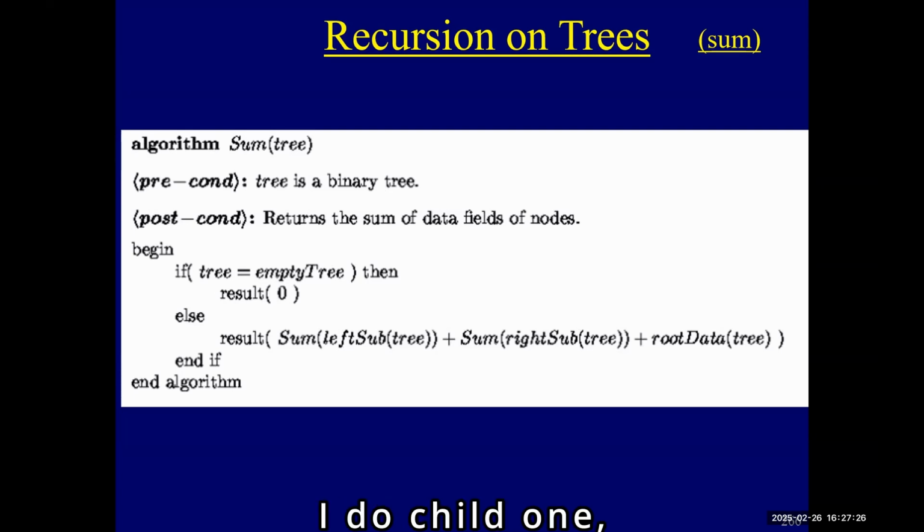What happens if I do child 1, child 2, child 9, probably need a child 0 because that's the way we do things? How would the code be if I did that instead of this? Yeah, sorry, say it again?